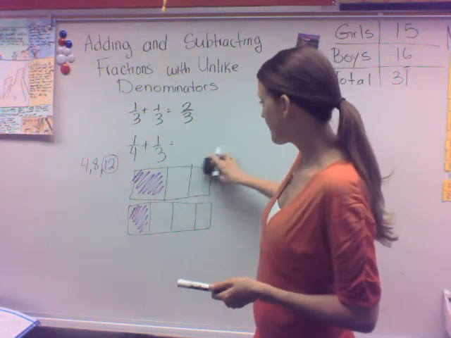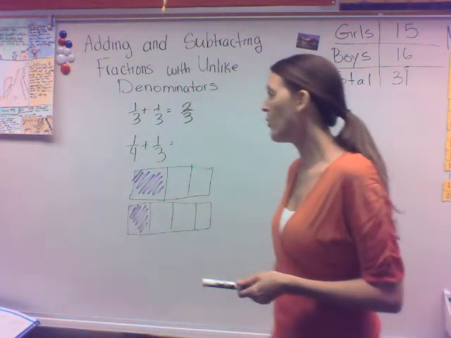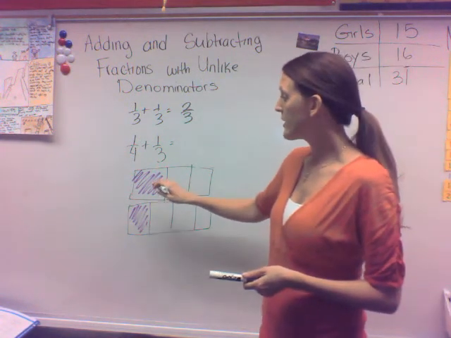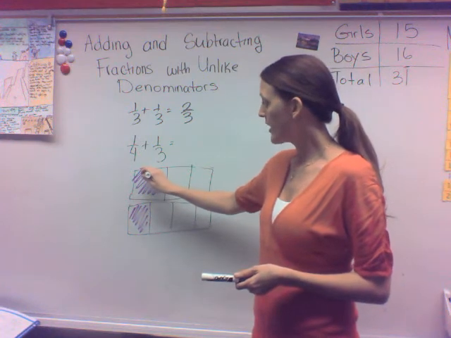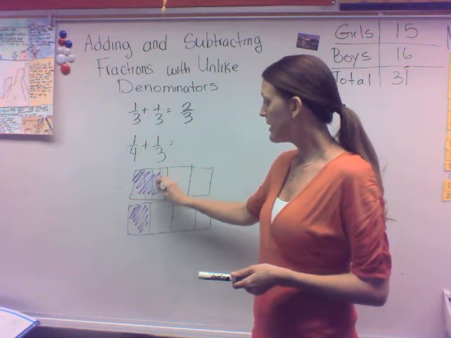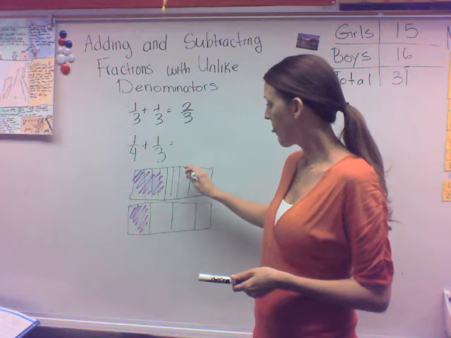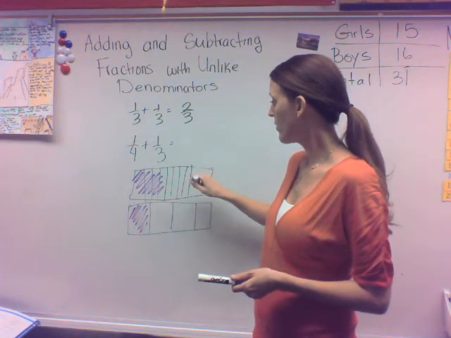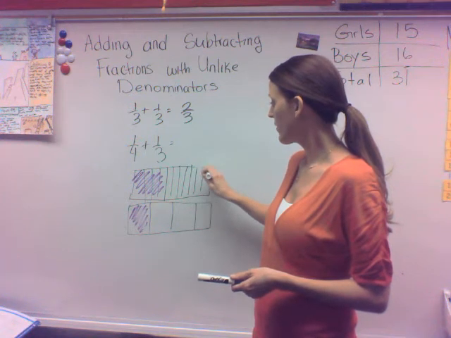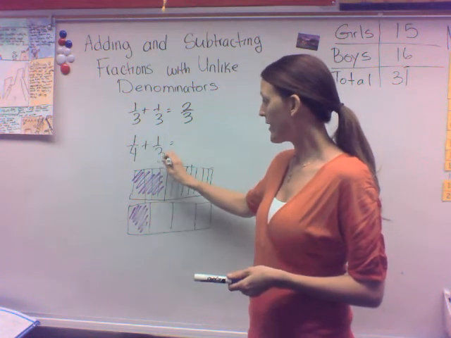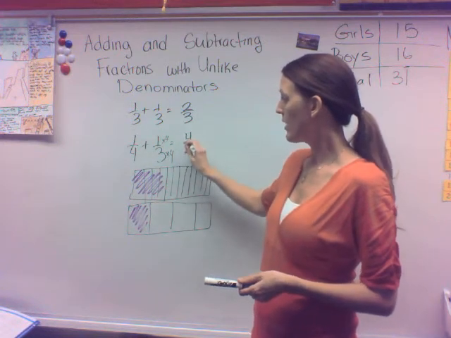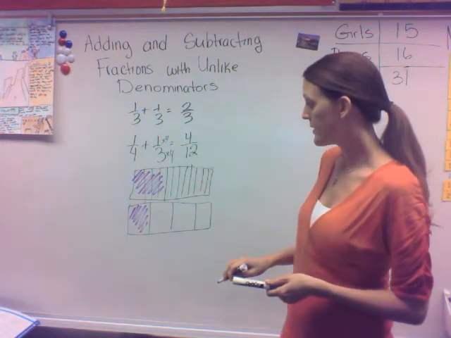So we want to change our 1/4 and our 1/3. We want to give them new names. What we're essentially doing is changing this into 12 pieces. Right here, that's what I did. I multiplied each one by 4 to get 4/12.